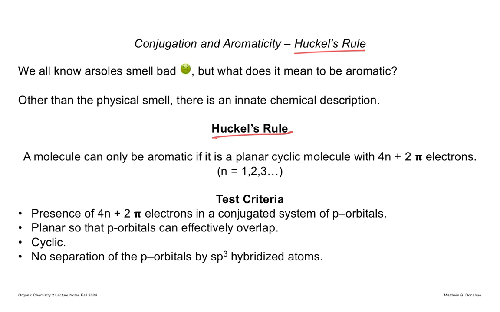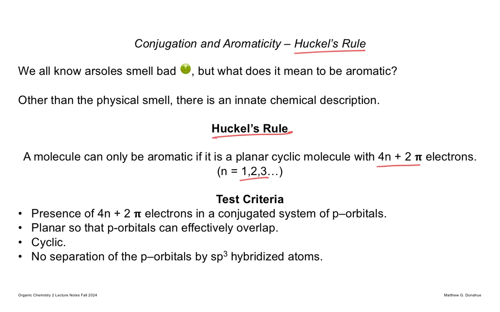So it says a molecule can only be aromatic if it is planar, cyclic, and this is the first sort of thing you want to test: is there 4n plus 2 pi electrons, where generally n is an integer starting at 1.